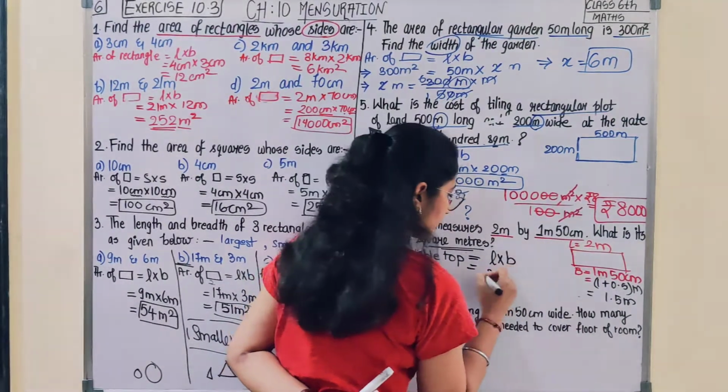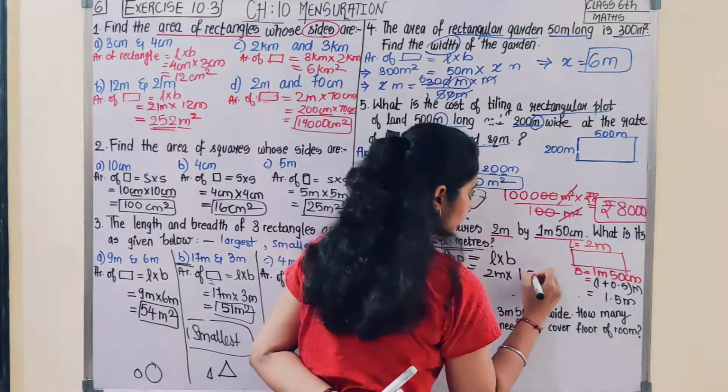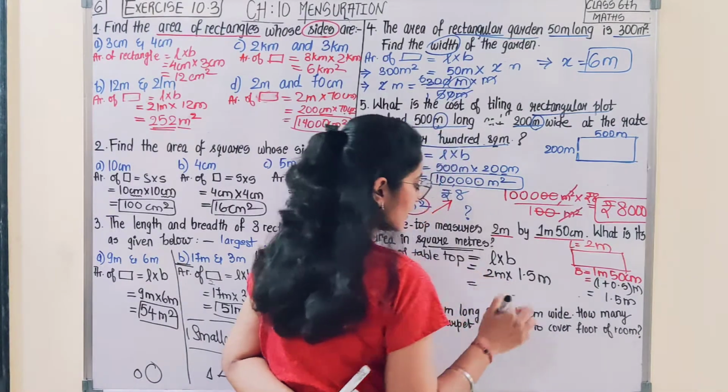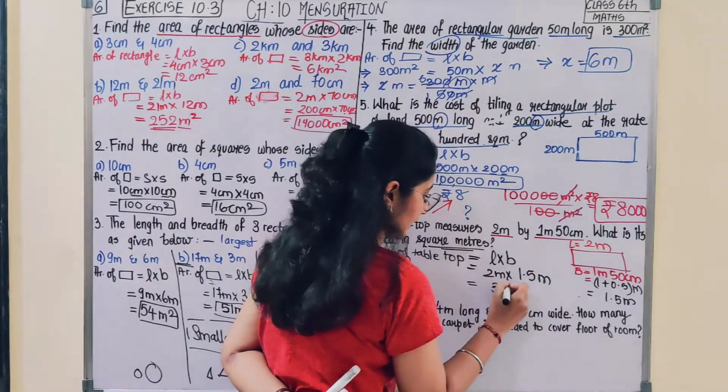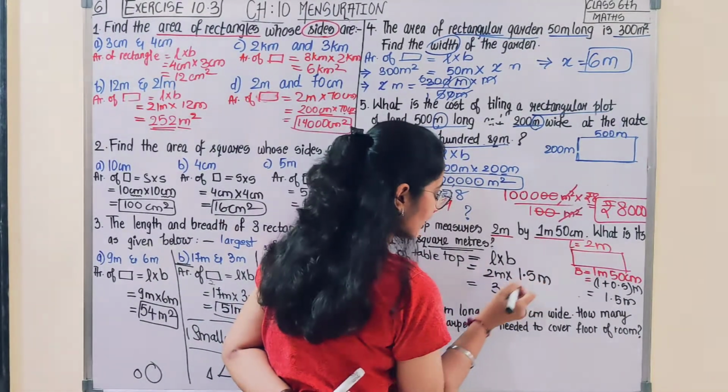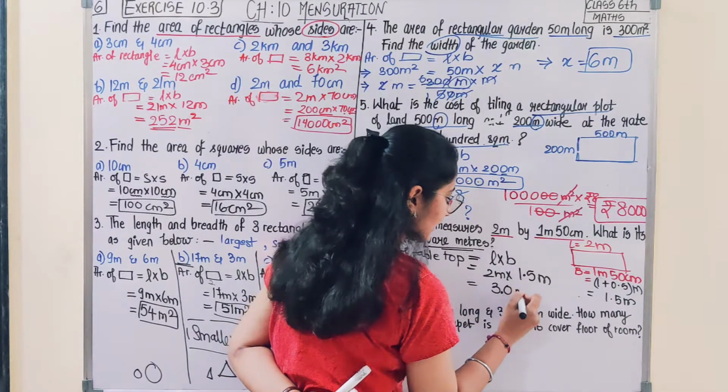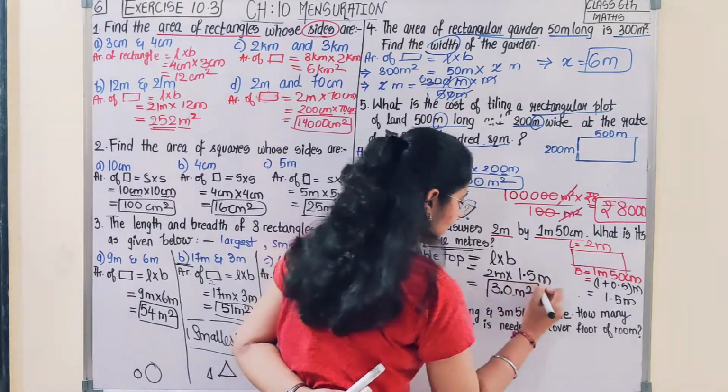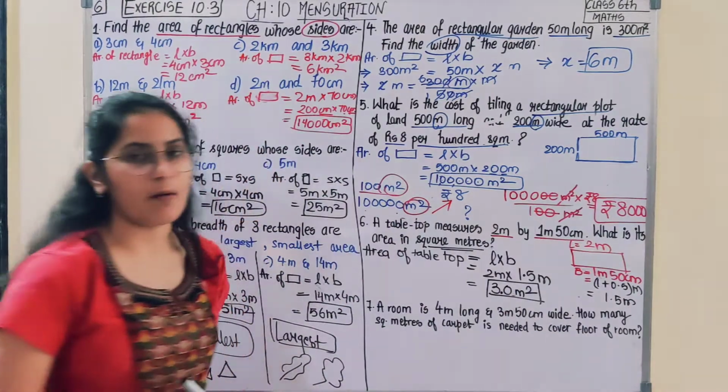What would be the length, 2 meter. What is the breadth, 1.5 meter. Okay, we know 15 2s are 30, और ये एक पॉइंट है, यहाँ पे पॉइंट लगा दिया, that means 3 meter square is the area of that tabletop.